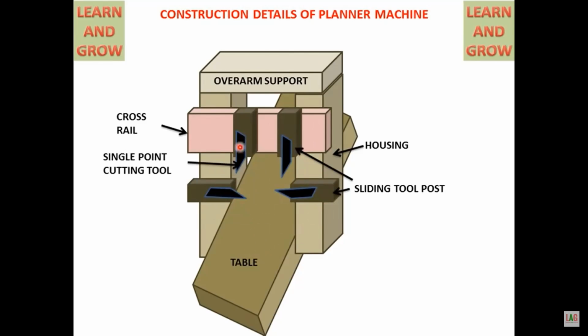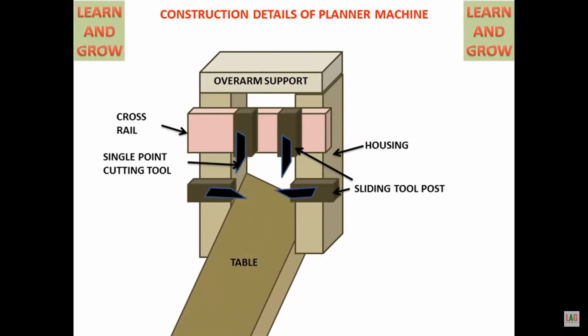So whenever we are placing our job on the table, the table reciprocates, and when the table is reciprocating, the job that is placed on the table gets engaged with this single point cutting tool, and thus the material is removed.